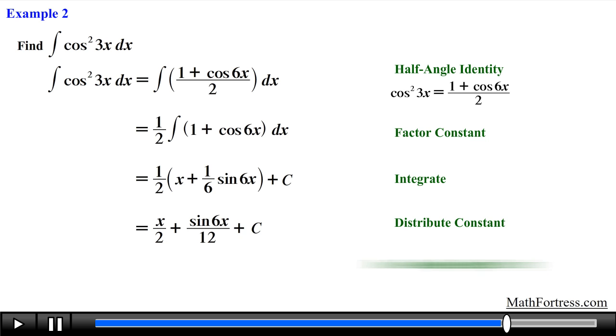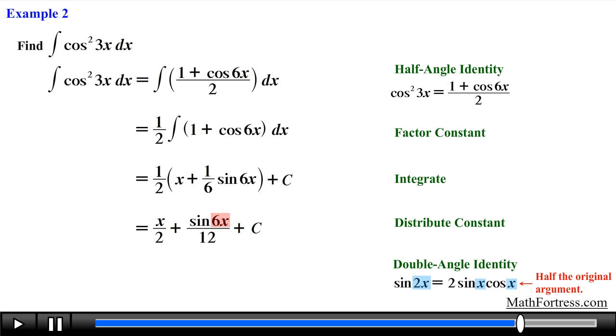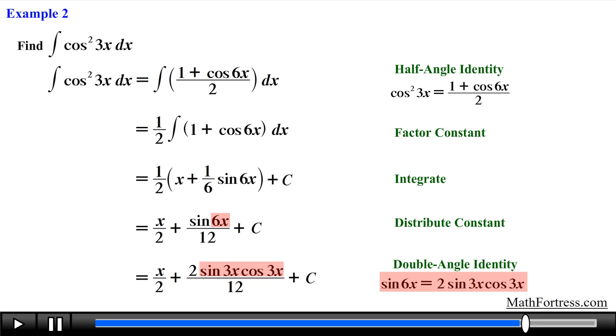Alternatively, we can use the double angle formula and write the answer in terms of sine and cosine. Once again, we need to take into account the argument of the trigonometric function. For this identity, the argument of the expression on the right side is half the argument of the expression on the left side. So we can replace sine of 6x with 2 times sine of 3x times cosine of 3x.